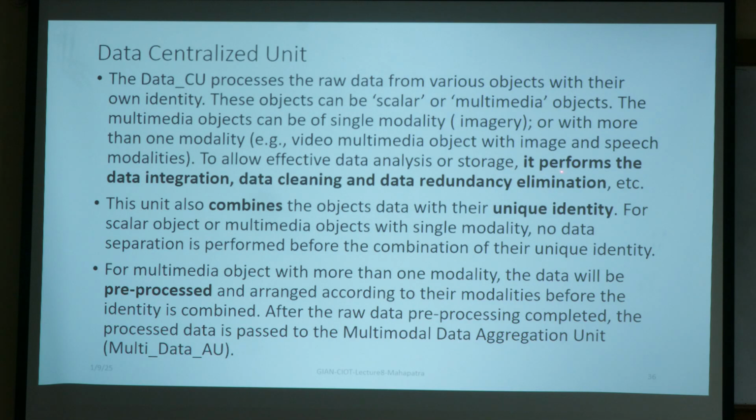Then it performs data integration, data cleaning, and data redundancy elimination. So essentially, when you get raw data, it sometimes comes with a lot of garbage, additional data of no necessity. You don't want to take it because it will unnecessarily waste your computation. So you have to identify and eliminate it.